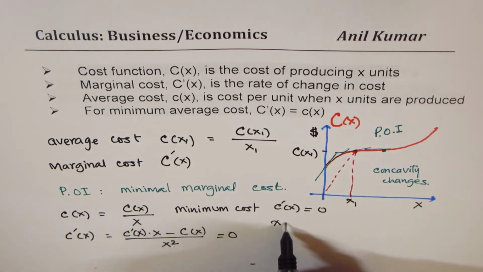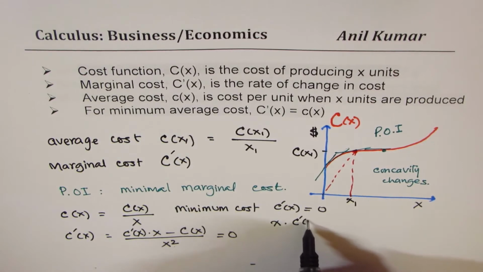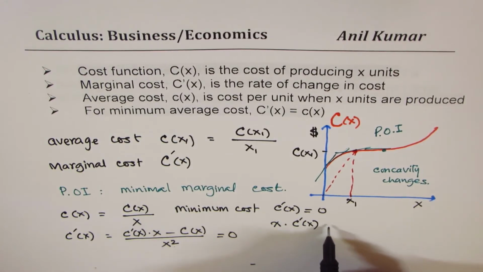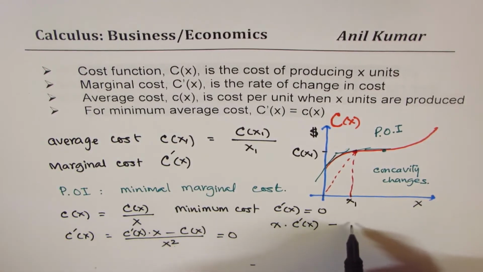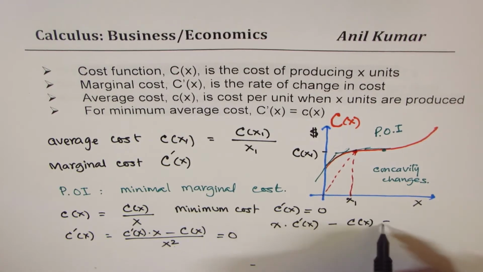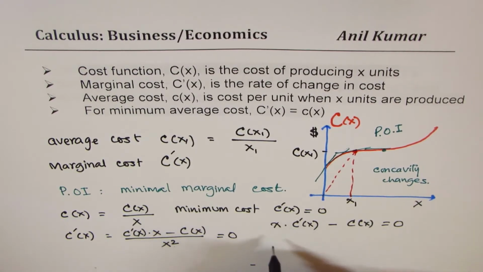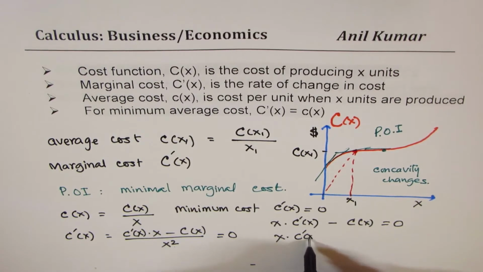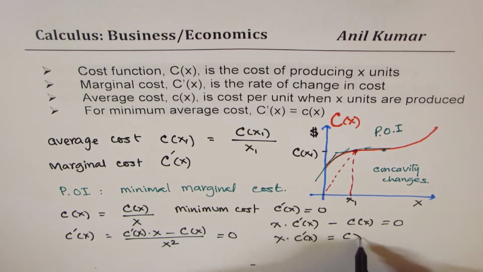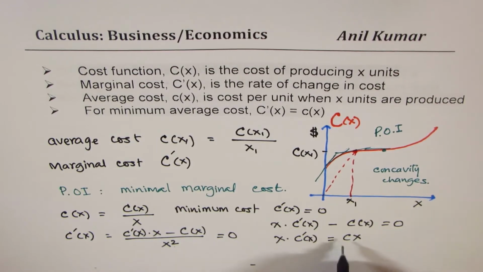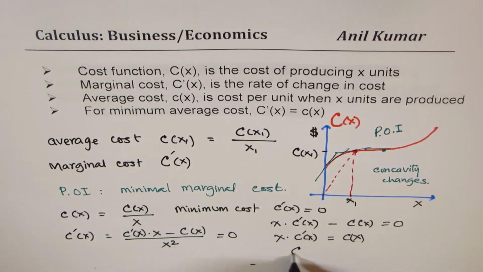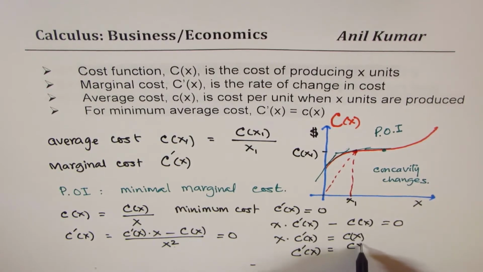That is to say, x times marginal cost minus cost is equal to 0, or we can say these two are equal. That means x times marginal cost is equal to the total cost. And if I divide by x on both the sides, I get marginal cost is equal to average cost.